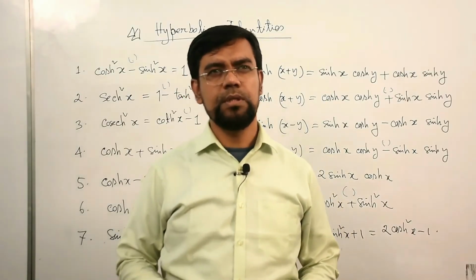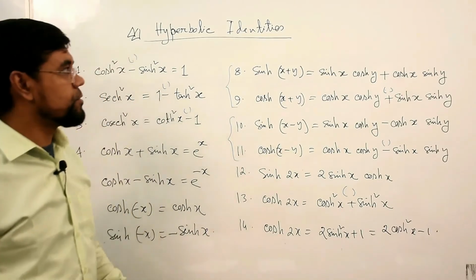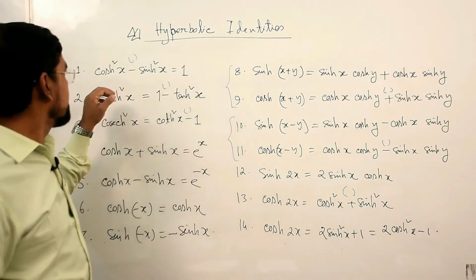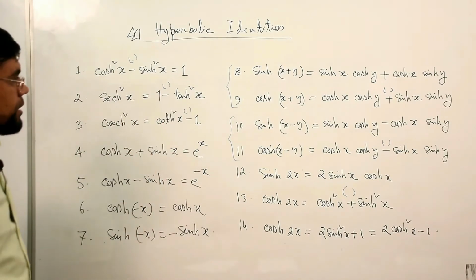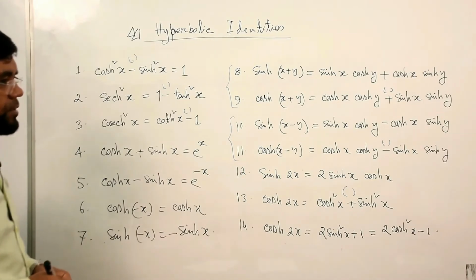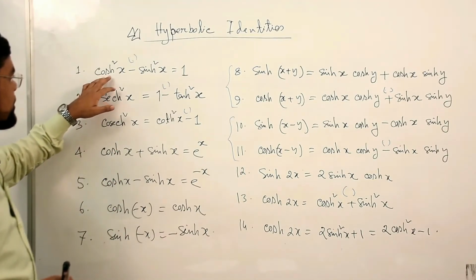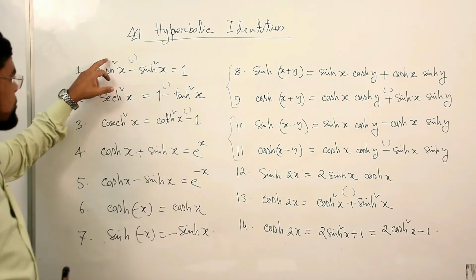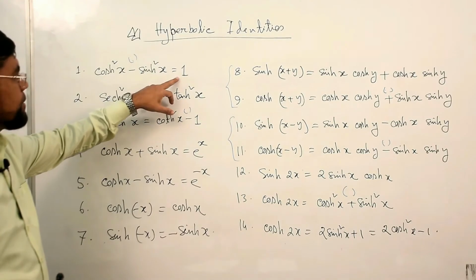So now let us try to understand some hyperbolic identities or formulas. The first one, usually we need to use this formula in the middle of solving problems. Formula 1: cosh square x minus sinh square x equals 1.